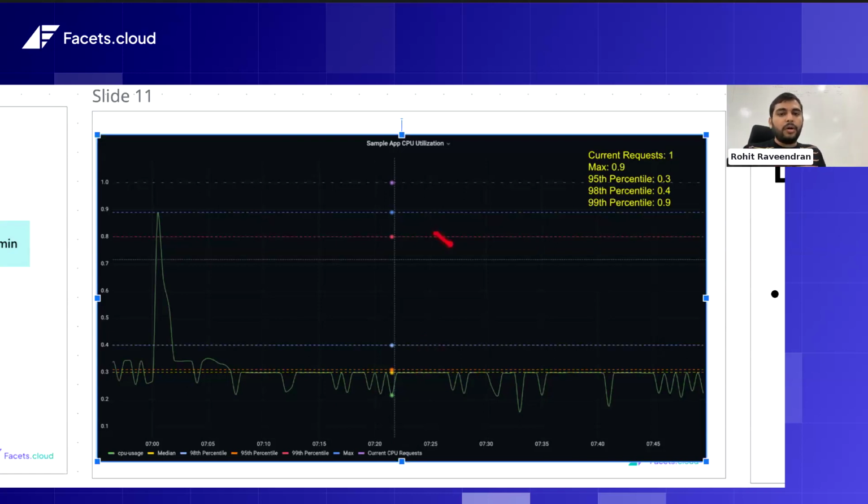Now visually you can analyze and figure out which percentile number covers most of my major use cases, but eliminates most of the spike. In this particular case, I would pick the 98th percentile, the 0.4 mark, as the value that eliminates the spikes.